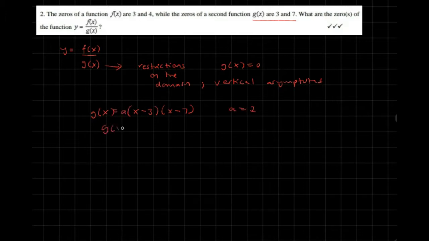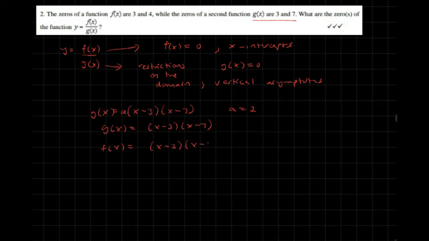So g of x here is equal to x minus 3 times x minus 7. F of x is the numerator, and when f of x is equal to 0, these are going to be your x-intercepts. The values that make f of x equal 0 are your x-intercepts, and in this case the factors are x minus 3 and x minus 4.